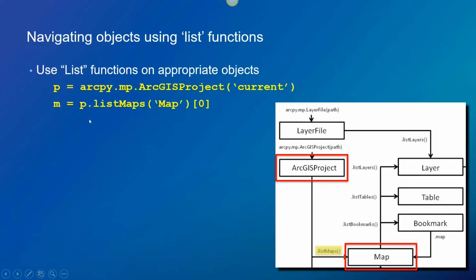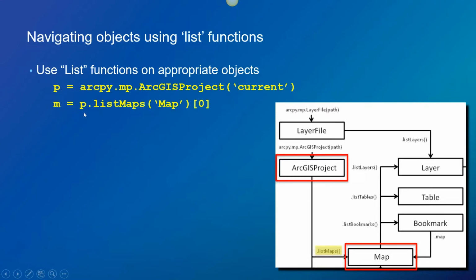So in this example, we're going to our project reference and we're listing our maps and we're looking for a very specific map that's called map. And because list functions return list objects, but we want the object within that list, we're going to use a zero-based indexer to return the specific object. So if we do the correct wildcard search on the object, it should be the one and only, so we will return that one object.